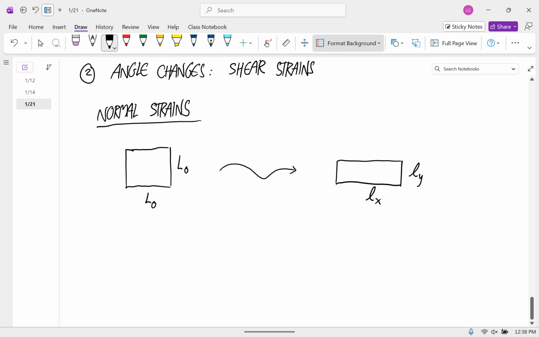And the names of these normal strains: the one in the x direction, we're going to call epsilon xx. I'll just call it exx because it's easier to say, but it's the Greek letter epsilon. And this is defined as the deformed length along the x-axis minus the starting length, divided by the starting length.